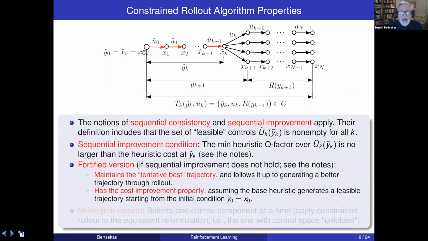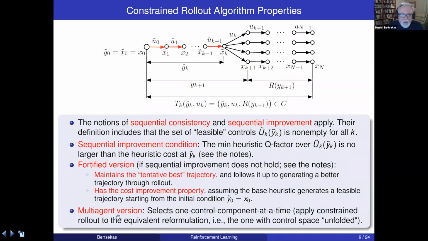In other words, if our initial trajectory is feasible, then with this fortification, we're guaranteed to always follow a feasible trajectory and one that has no worse cost. The details of this are a little tedious, but they're natural, and you can guess them already by just looking at this bullet if you think a little bit about it.